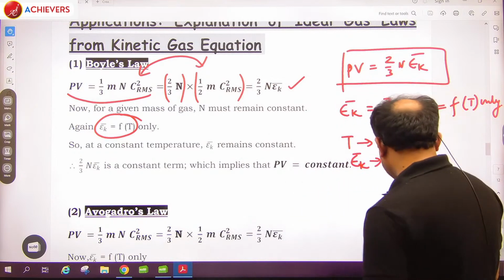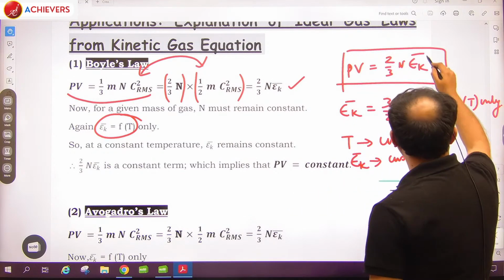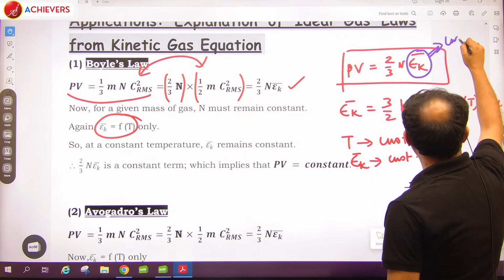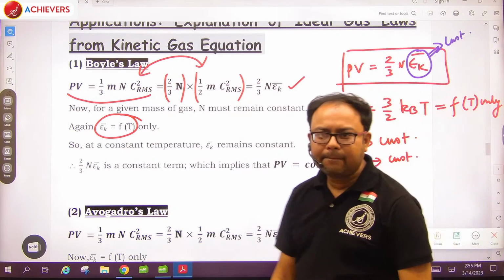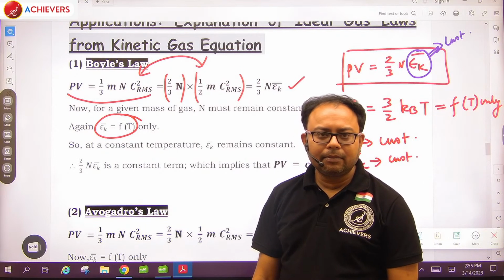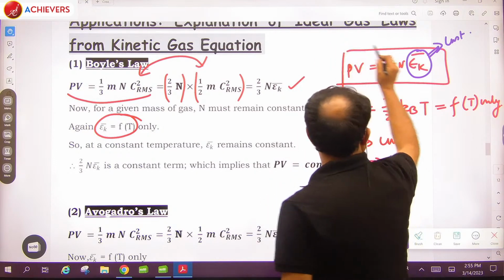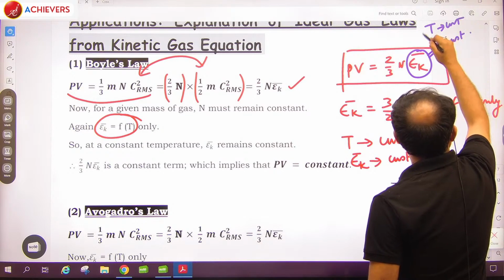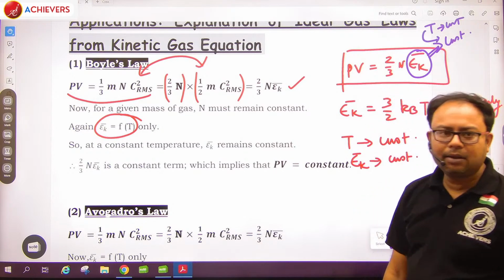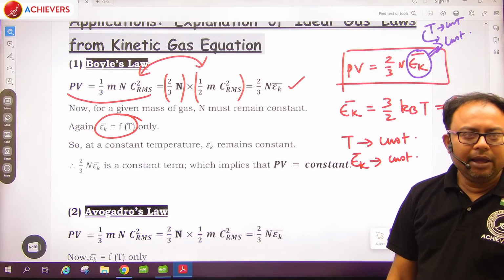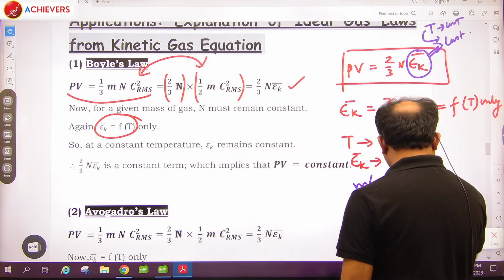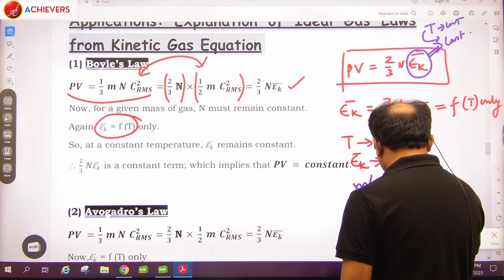If epsilon k bar remains constant, so this part is constant. If the total mass of the gas, m dash, is constant, then n is also constant.